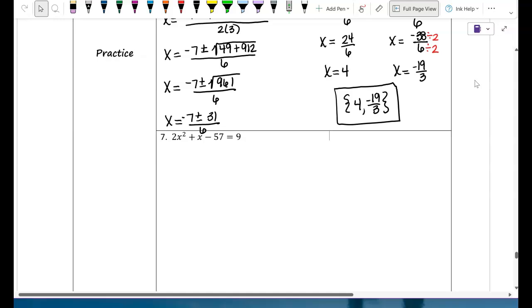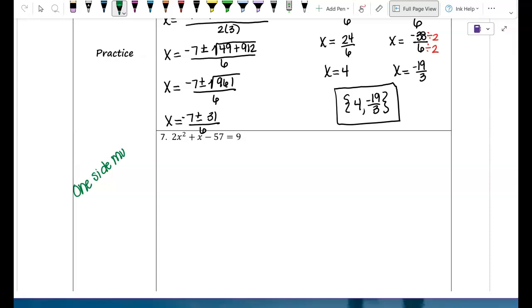Number 7, 2x squared plus x minus 57 equals 9. Again, just as a reminder, one side must be equal to 0. We can't start anything until we have that situation.